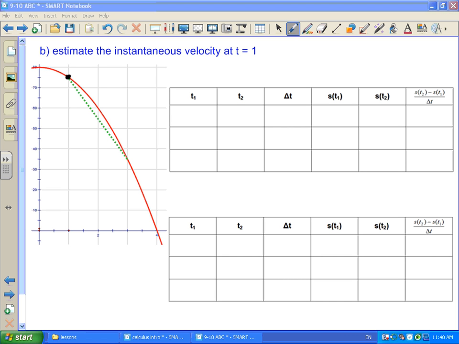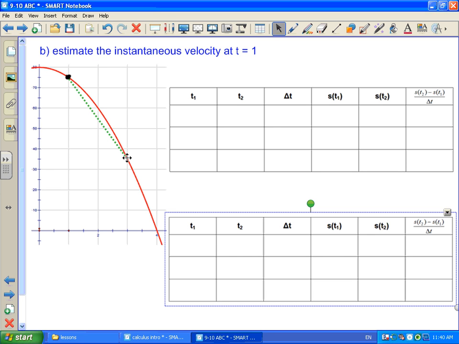So you found the slope of the secant between that point and some other point. I would choose different points that moved closer and closer to that original point, t1. If I've got my green line here, which is my secant, I would take the end of this secant and gradually move this point closer and closer along this curve to t1. And I'd calculate the slope of that secant each step along the way.